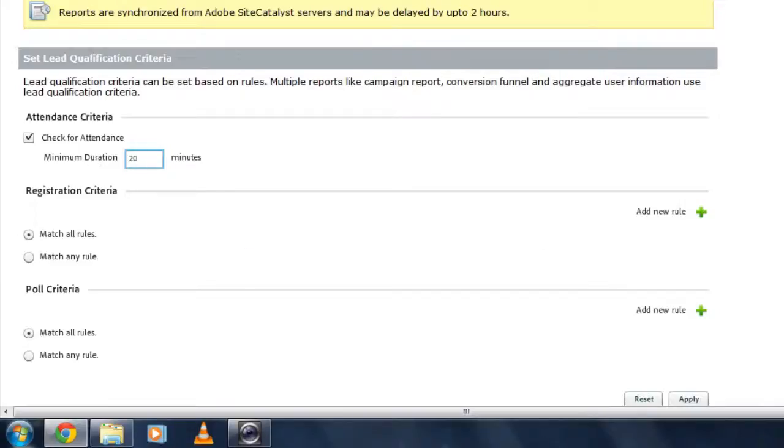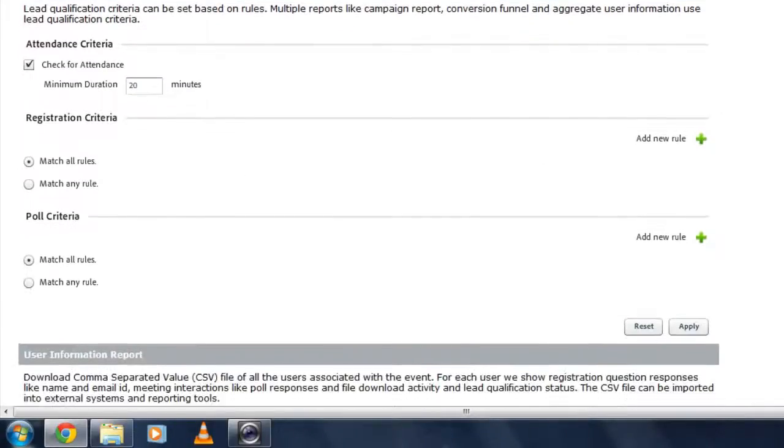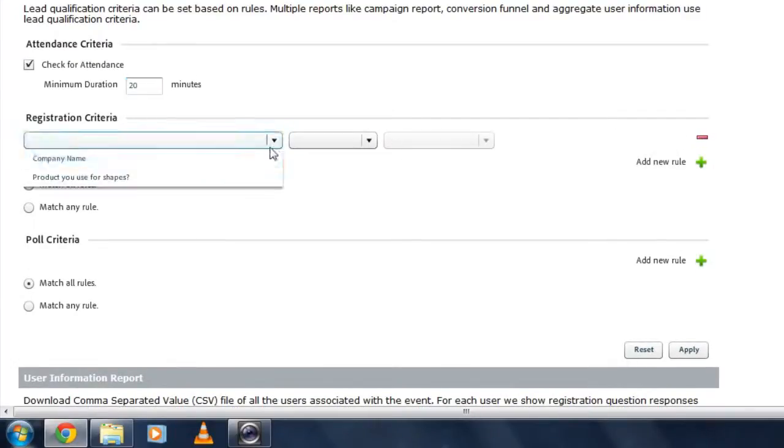I can also take a look at the questions that we asked. Both the questions in the event itself, so take a look at polls, as well as the questions that we were asking during registration. So I can set up some new rules based on those questions. I can take a look at what we asked during the registration, take a look at whether they answered that question or not, if it was optional, and then if they did answer it, if it was a multiple choice question or a yes or no question, I can take a look at how they answered that question.